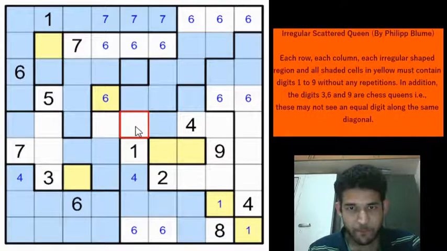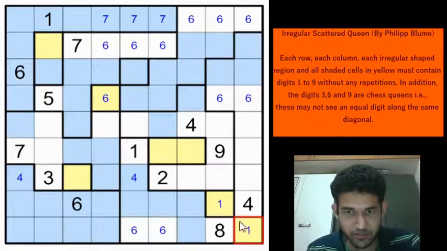Okay. Now let's try to see if we can use the queen property again to our advantage. As per the rules, we also know that the yellow cells will need to contain 1 to 9, right?